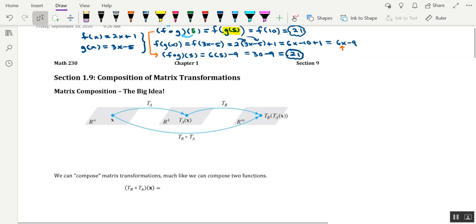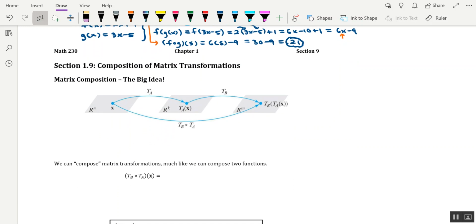So that leads me to this part, matrix composition, the big idea. Remember how we took 5 through a couple of phases with the first evaluation. 5 was first plugged into g, and then it was plugged into f.